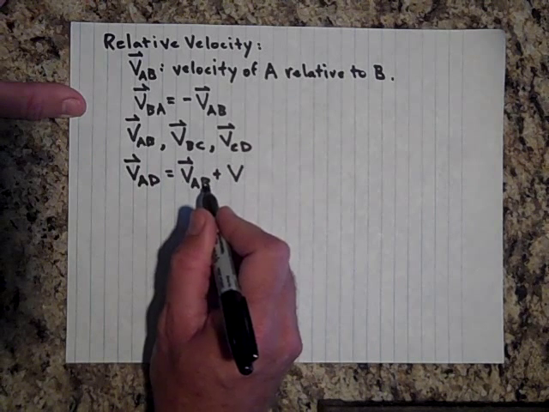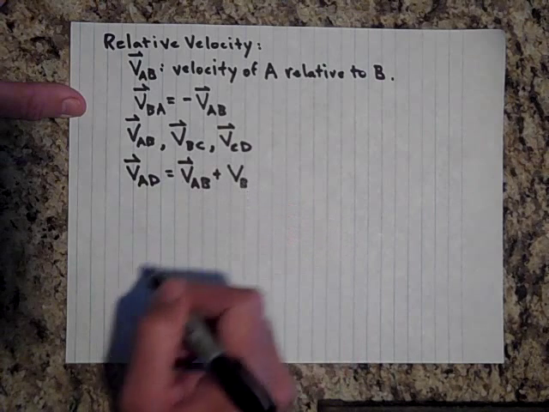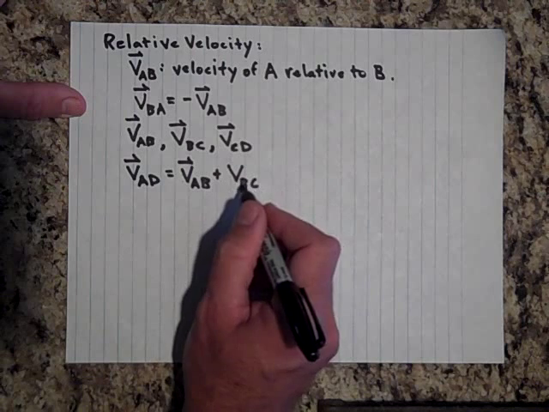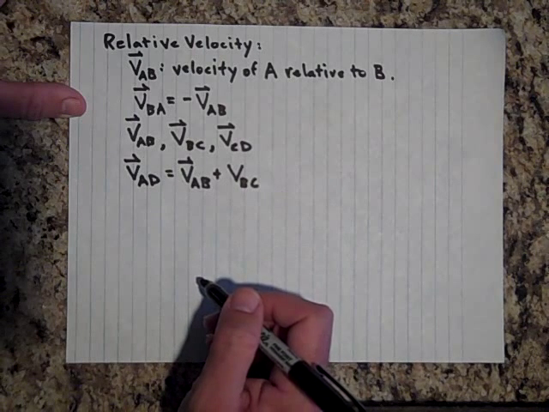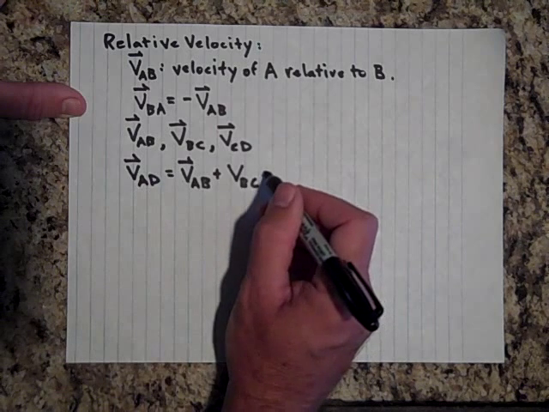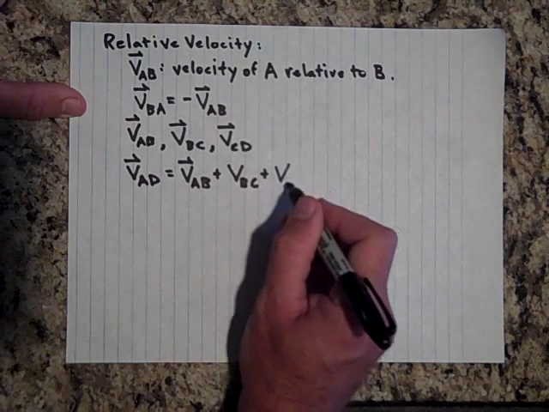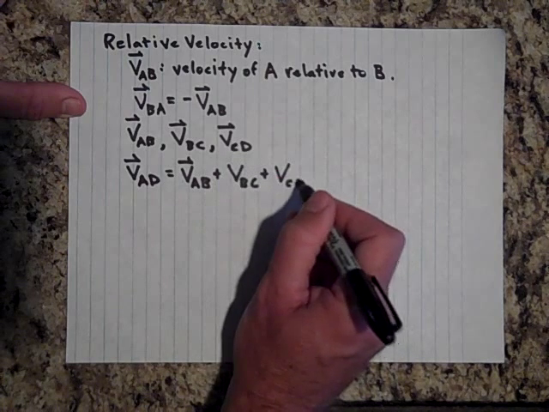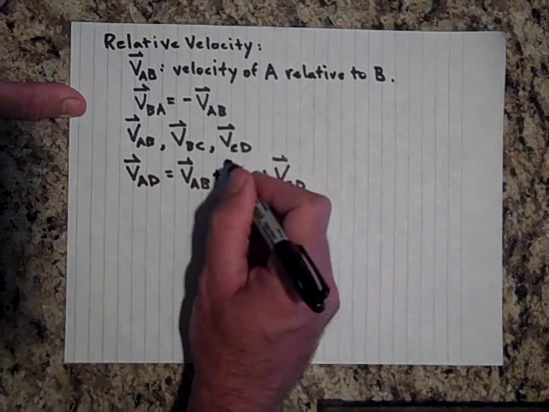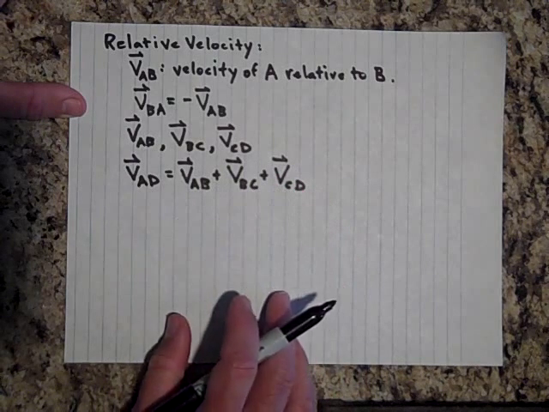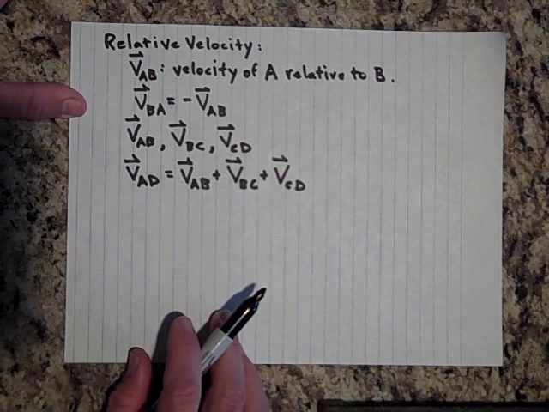So it's got to start with a B, and I know that this goes to C. This is the velocity of B with respect to C. And if I want A with respect to D, then I'm going to, again, start where this left off and end up with D. So these three vectors added up will give you the velocity of A with respect to D.